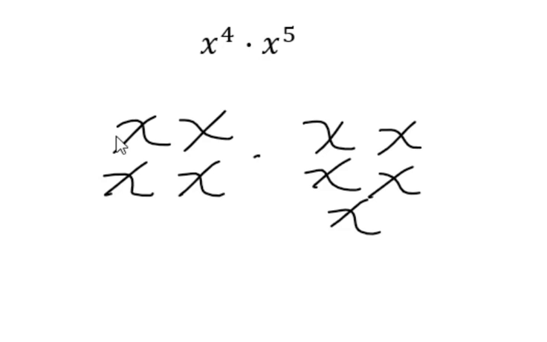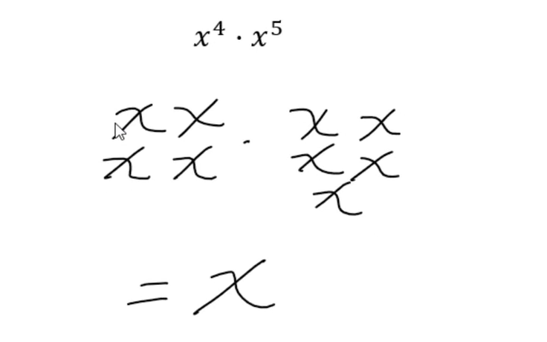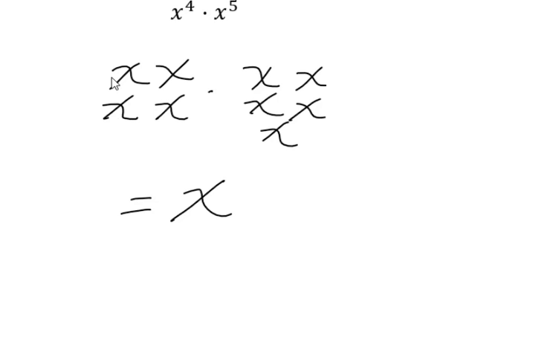In all, I really have the same value, whether that's a 2, a 3, a 100, whatever value it is, the same value being multiplied times itself over and over. So what value is being multiplied times itself? In this case, it's the value of x.